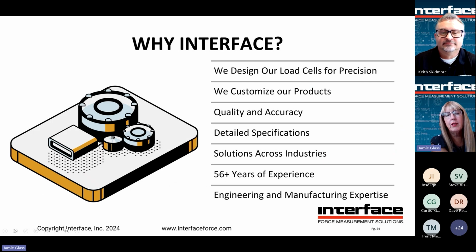We do design our load cells for precision. Accuracy is important. That's why accuracy was a point in this conversation. We can customize our products and we can build to spec, especially when you have an OEM type solution where you're looking to put a sensor into a robotic arm or you're looking to use it in a medical device or something along those lines.